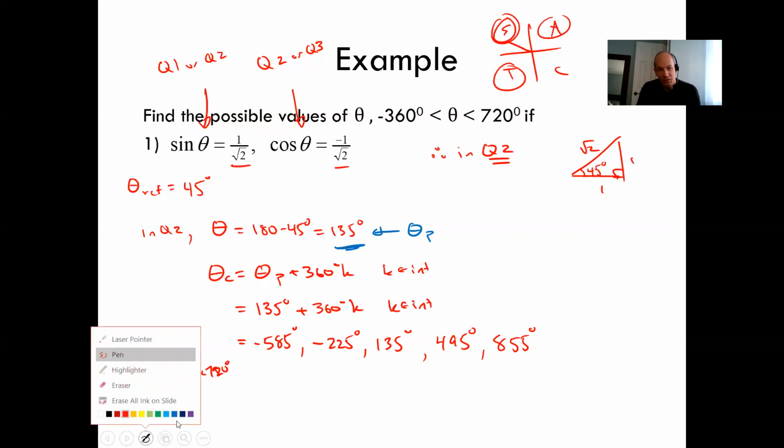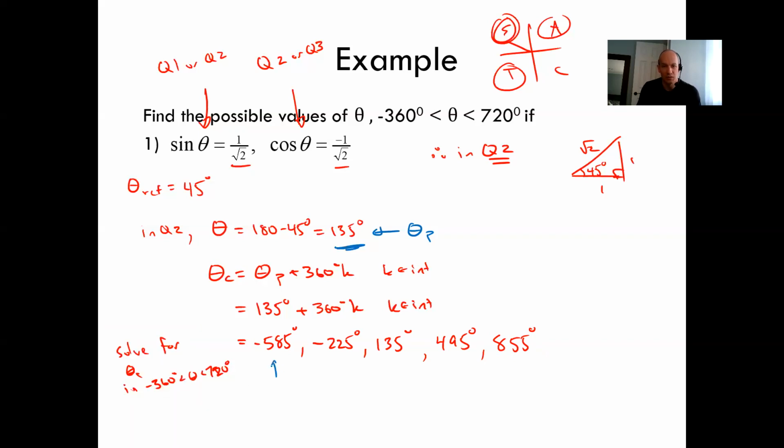So what I just did is list out a bunch of different values. This is if k was equal to negative 2, and this is k equal to negative 1. You basically just add or subtract 360 a bunch of times. It's really helpful to put it in order. You could continue the list onwards, since it keeps going forever in both directions, but we can see which ones we need and which we don't.